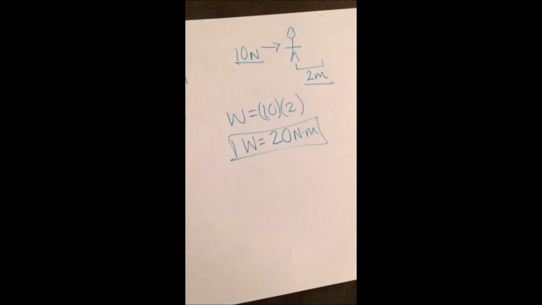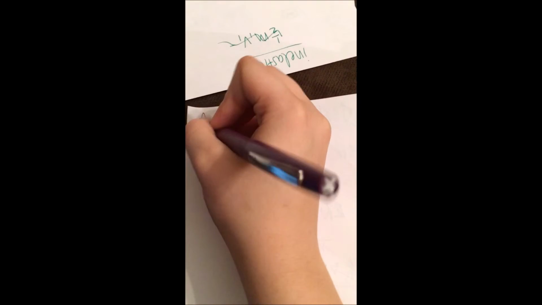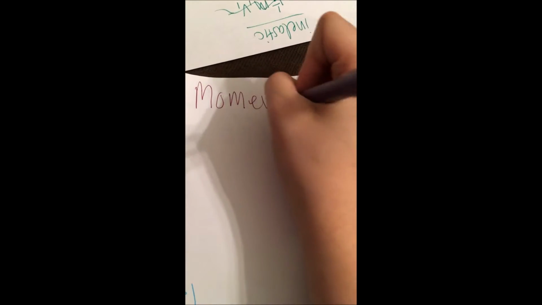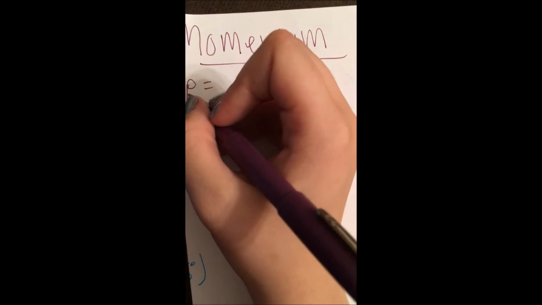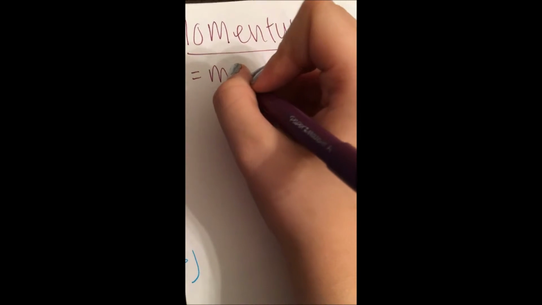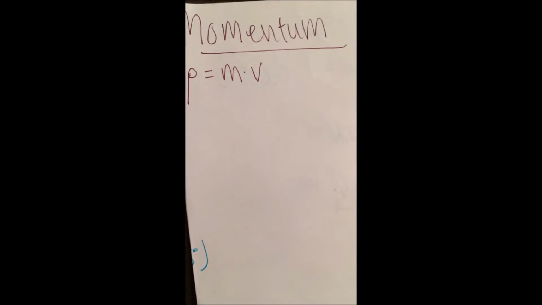And there you go. In this example, we are going to review momentum. Momentum can be solved with a simple equation, which is p, meaning momentum, equals mass times velocity.